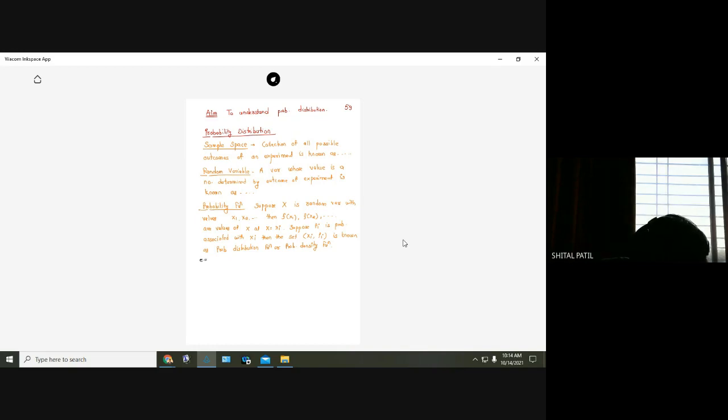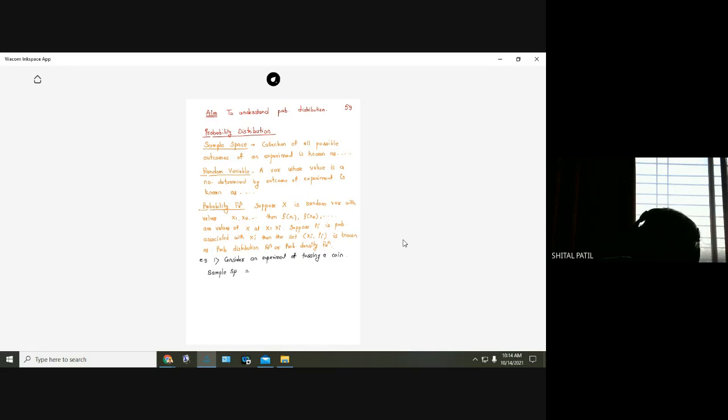For example, consider an experiment of tossing a coin, a single coin. So what is the sample space?